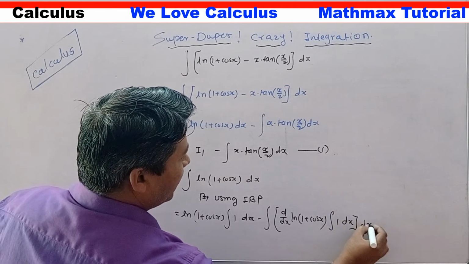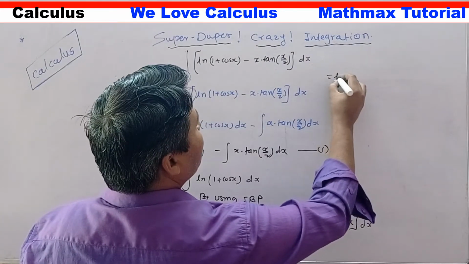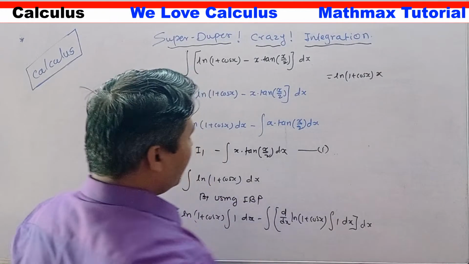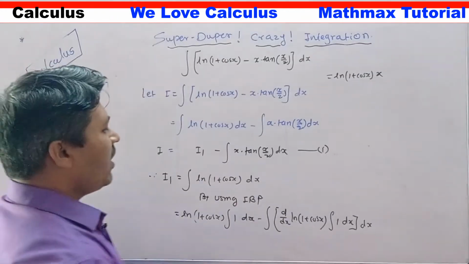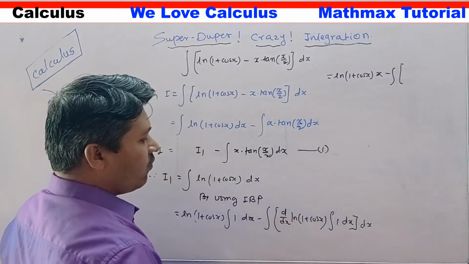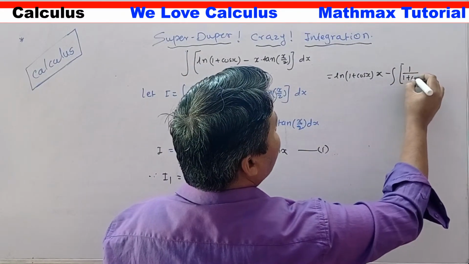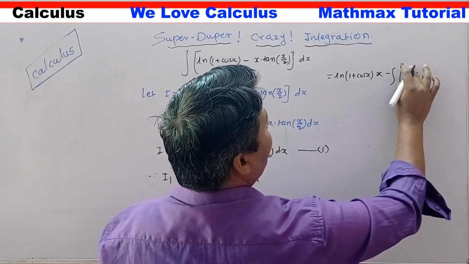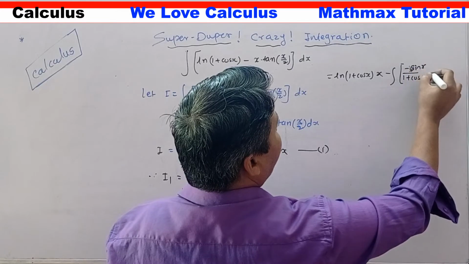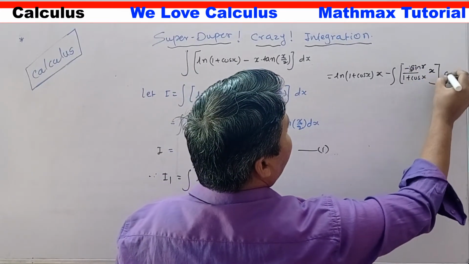Now we write ln(1 + cos x) times x, minus the integration of the derivative of ln(1 + cos x), that is 1 upon 1 + cos x, and the derivative of cos x is minus sin x, and again the integration of 1 is x dx.